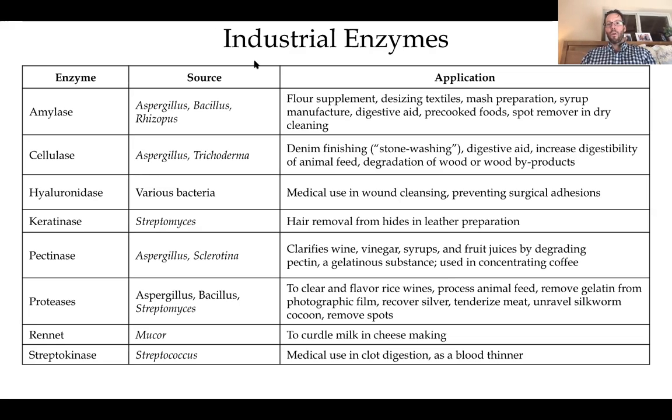Pectinase is for breaking down things that have pectin, which is mostly fruit. So if you want to make jam, for instance, you typically add pectin to it, and that gives it its kind of jelly-like consistency. Proteases, we've talked about proteases. They break down proteins. One example of a protease would be a meat tenderizer, right?